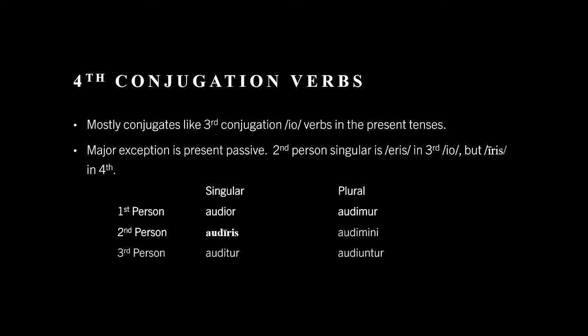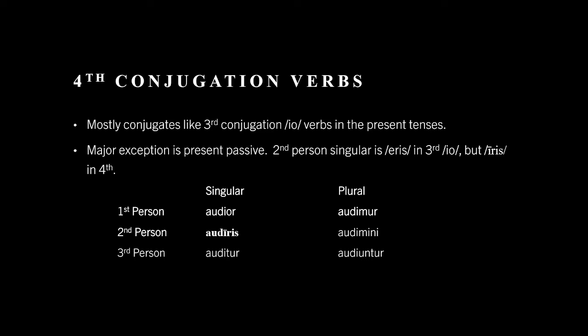So take a look here. We've got the present tense chart here. Singular: audior, audiris, auditur, audimur, audimini, audiuntur. So if you see audieris with an E, that would have to be future tense. There would be no E at all in the present.